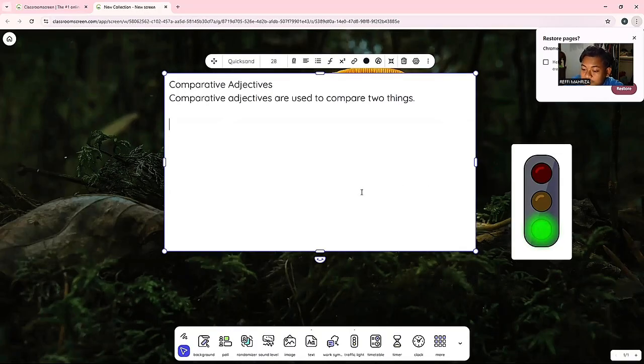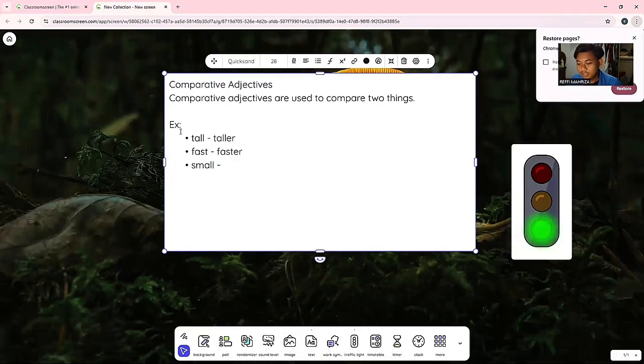For short adjectives, we add -er. For example, the word tall moves to taller, and then fast to faster, and then small to, what is it?